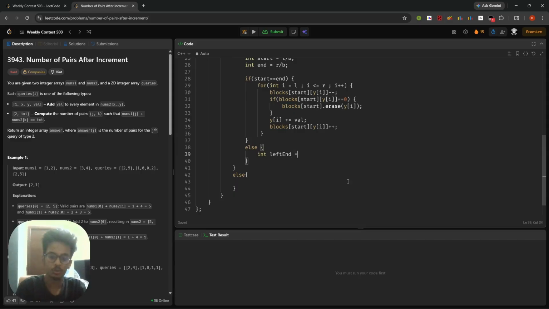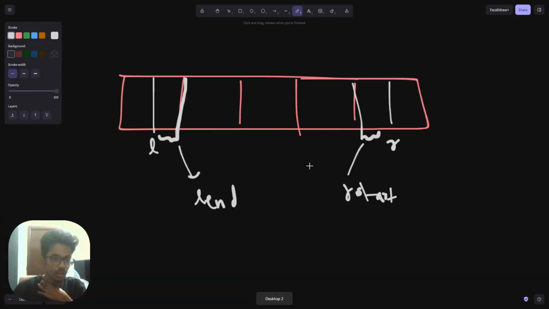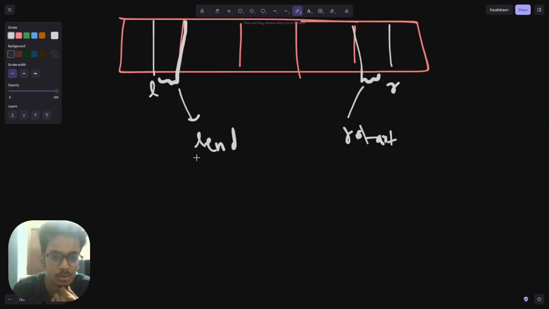So the left end would be equal to start plus 1 into B. How is it equal to start plus 1 into B? If you have solved 2-3 problems of square root decomposition, it becomes pretty intuitive.